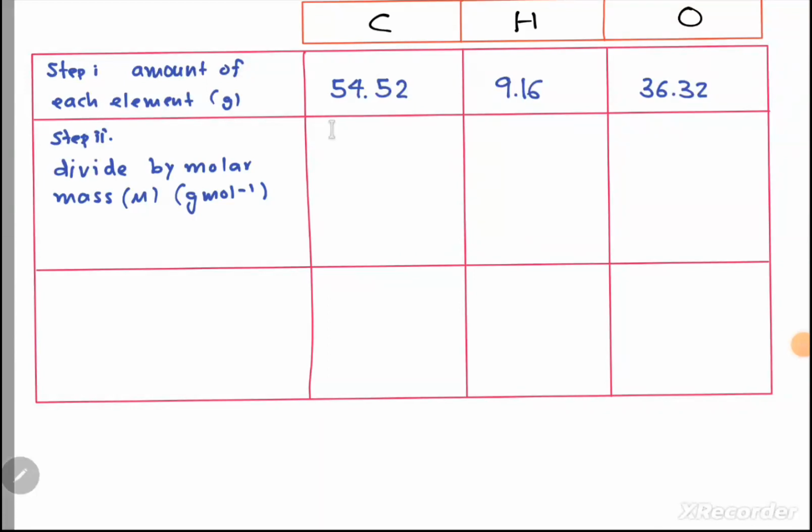So we have for carbon, we divide it by 12.01.